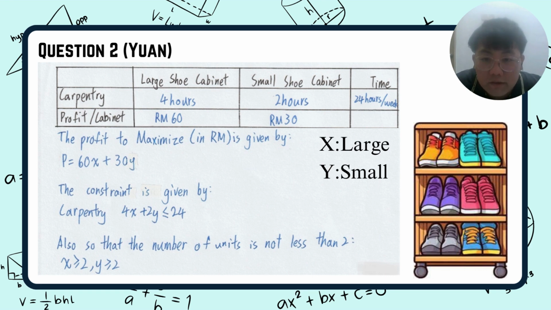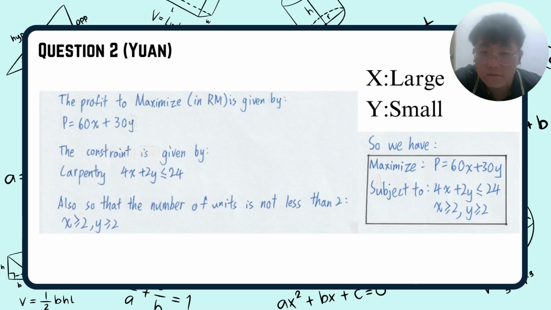So x is greater than or equal to 2, and y is greater than or equal to 2. Through the function we got just now, we set the maximized function as P equals 60x plus 30y, subject to 4x plus 2y less than or equal to 24, and the constraints of the units: x is greater than or equal to 2 and y is greater than or equal to 2.